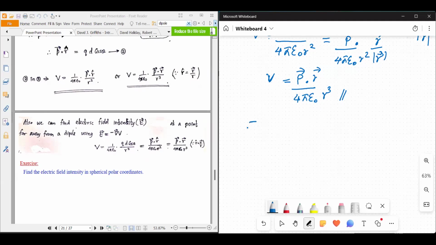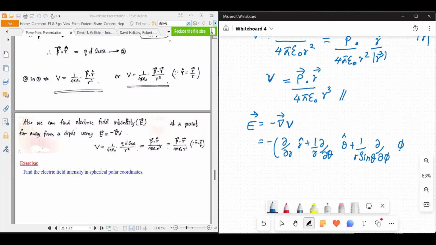So electric field E is equal to minus gradient of this electric potential, del V. And in spherical polar coordinates, del operator is equal to partial over partial r r hat plus 1 over r partial over partial theta theta hat plus 1 over r sine theta partial over partial psi psi hat, and we have the potential.